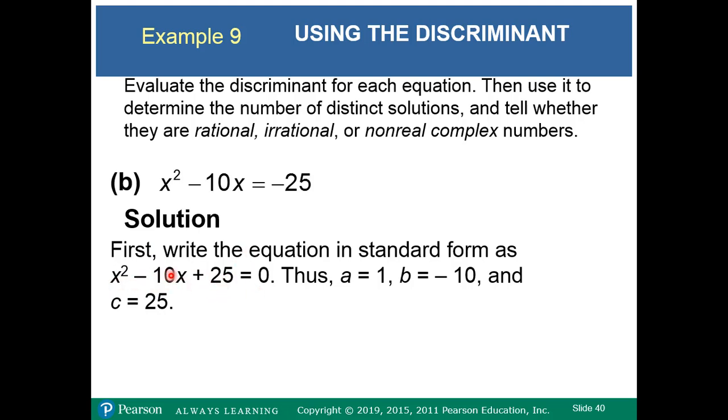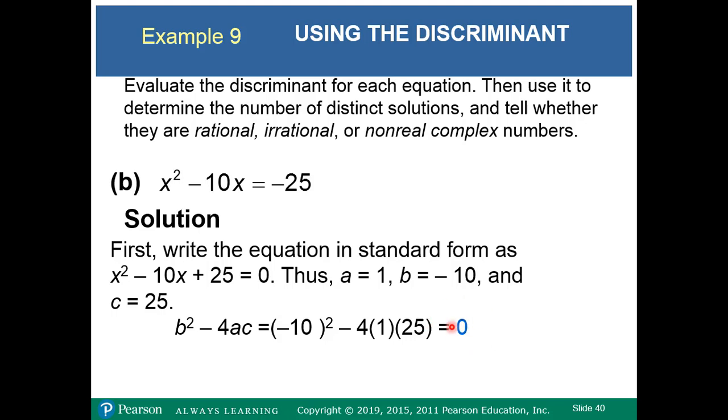This is a perfect square. So I already know what this is going to give me, but let's do it anyway. So the discriminant is 0. Look at that. The discriminant is 0, and so we've got a double root, a double solution.